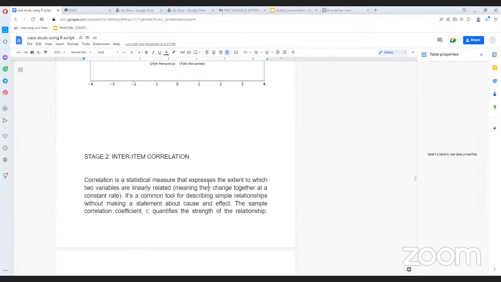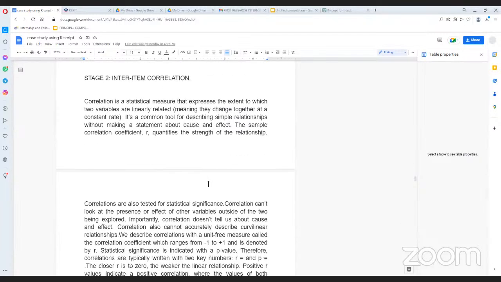Yes, sir. Clear. Now we read the next one. Now stage 2, inter-item correlation. Correlation is a statistical measure that expresses the extent to which two variables are linearly related, meaning they change together at a constant rate. It's a common tool for describing simple relationships without making a statement about cause and effect.